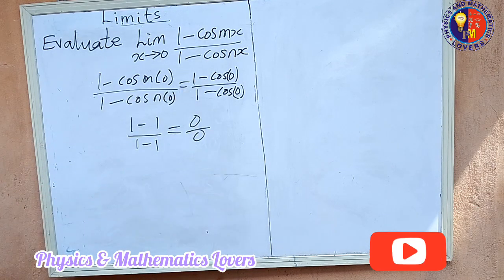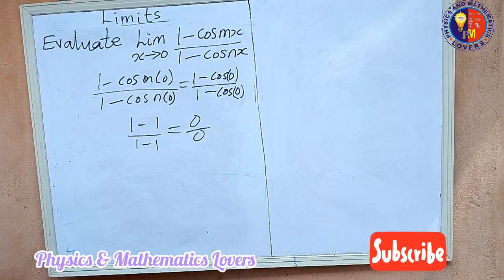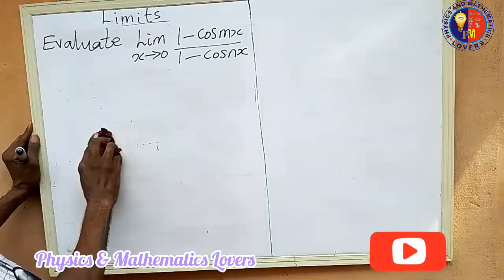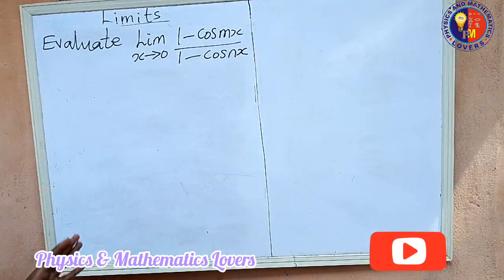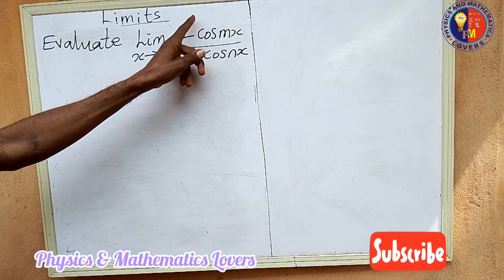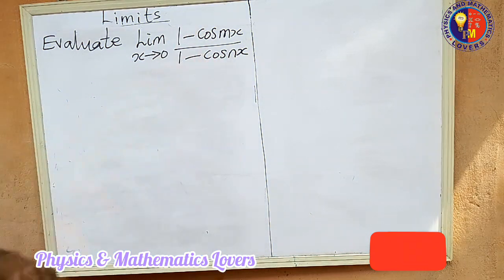It's undefined. So that means there has to be a way we can do this. We have different ways, but let me use the simplest one. According to L'Hopital's rule, you are going to differentiate the numerator and differentiate the denominator.